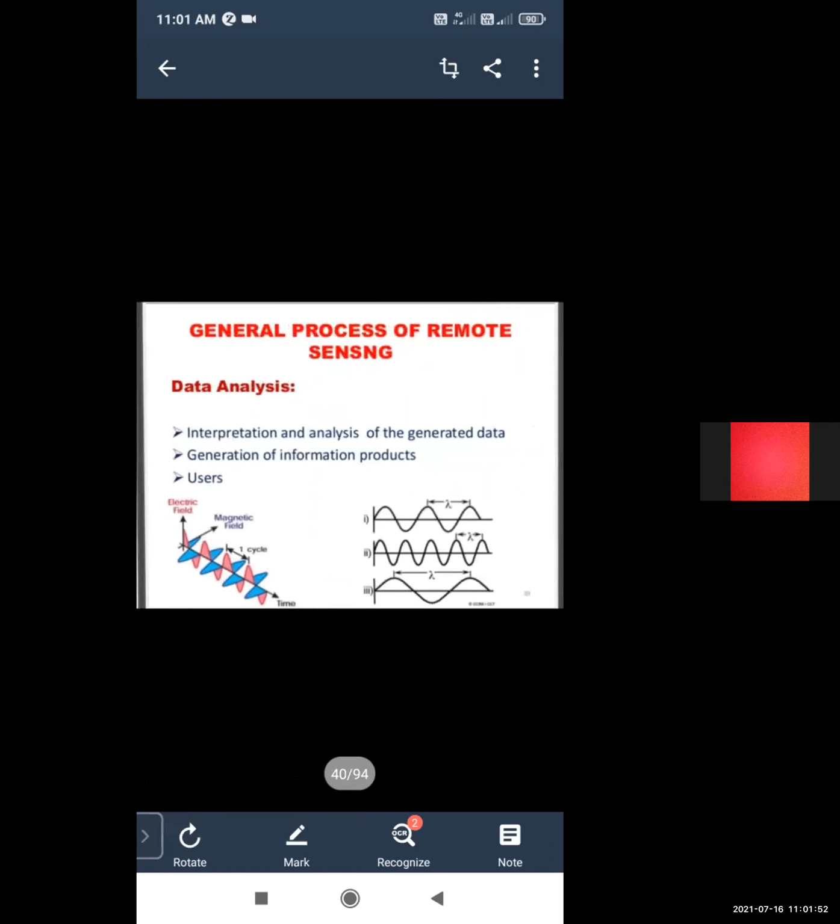So first is the analysis of data. Interpretation and analysis of the generated data, and generation of information products, and users use or analyze or process that data.